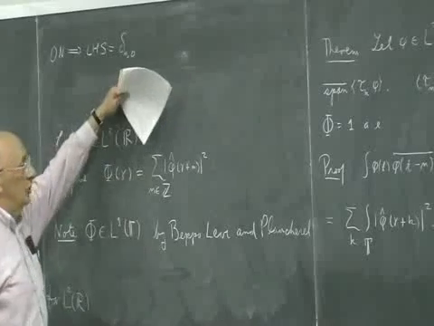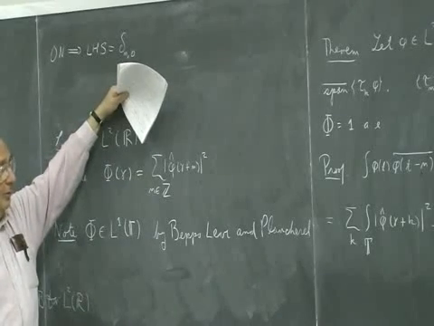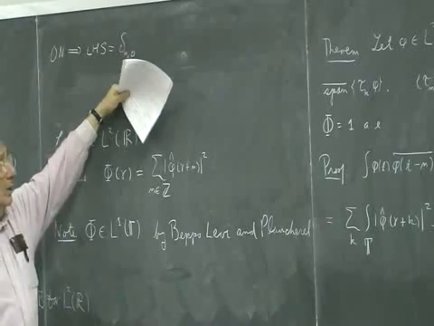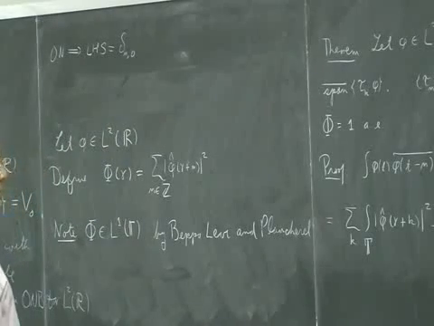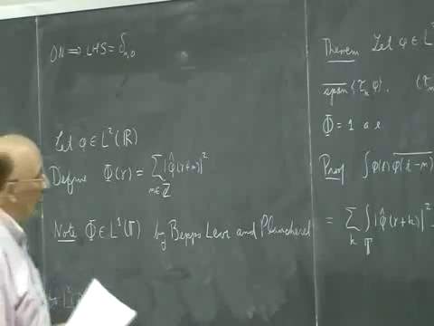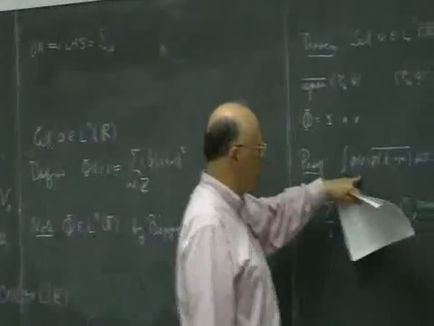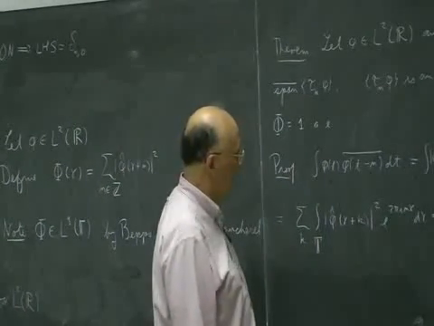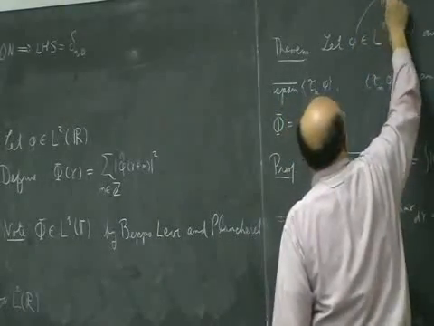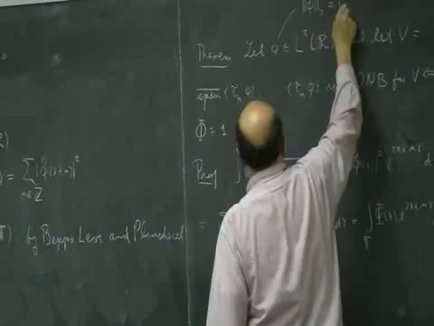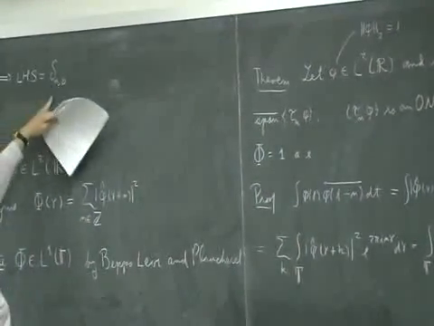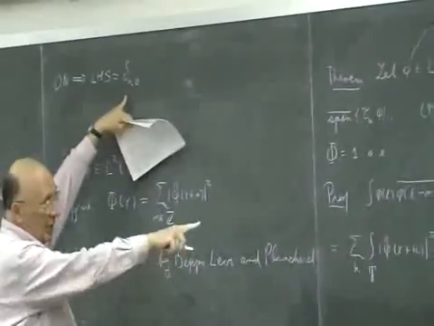That is to say, it's 0 if n is not 0, and if n is equal to 0, I want that to be 1. So this left-hand side is 0, and so what does that say?